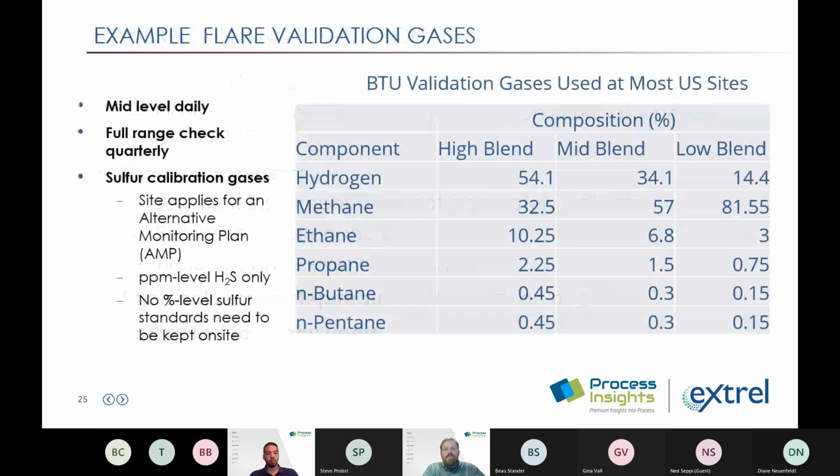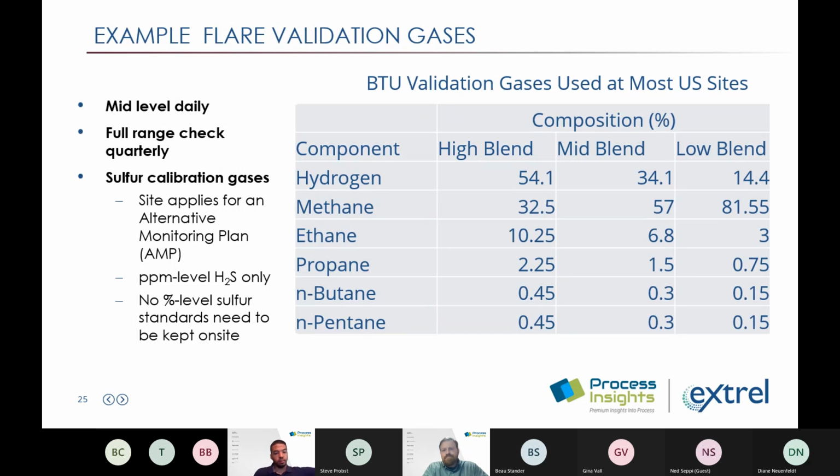And it's common for the rule to require a check of a validation gas by the mass spectrometer either daily or quarterly or annually. So there's a schedule that will be written into the rule, and we can help users navigate that world and help them think about how they want to plan out their daily checks and their quarterly checks.